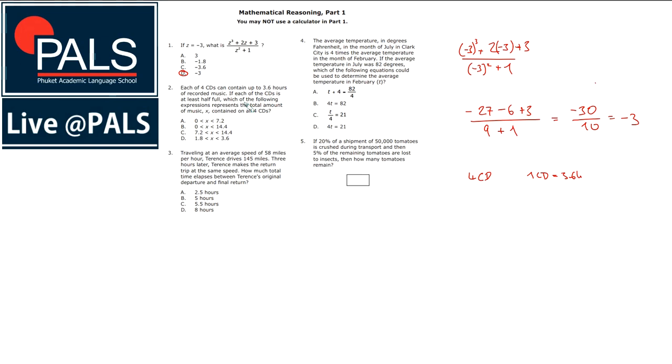If each of the CDs is at least half full, that is 1.8, so not less than half full, but it can be more. So between 1.8 and 3.6 hours of music.